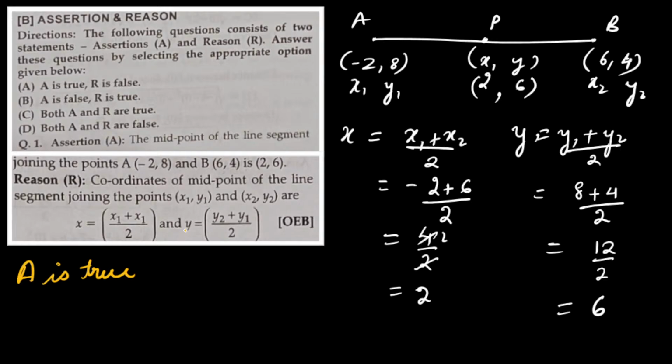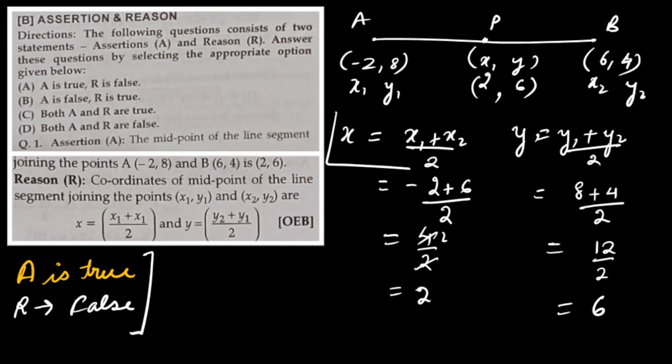They have given us the formula of the midpoint. Here it might be x2, maybe a printing mistake, or if it is this only then it will be false. R is false because the formula is x1 plus x2, not x1 plus x1, by 2. So A is true, R is false.